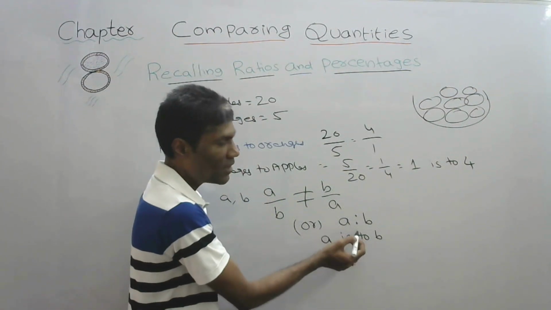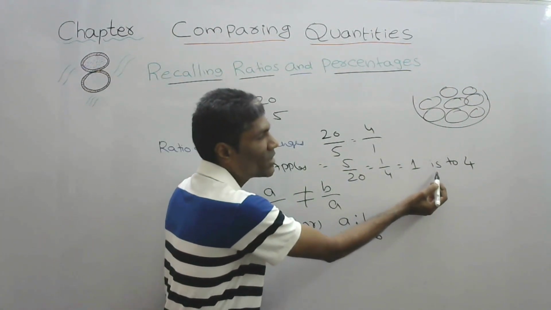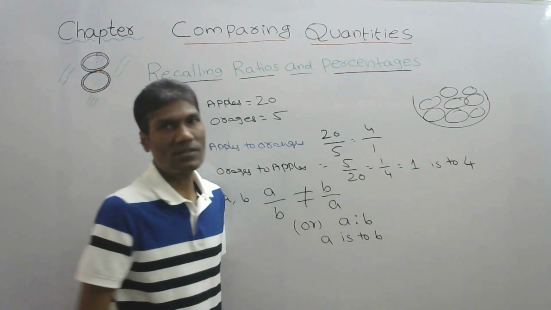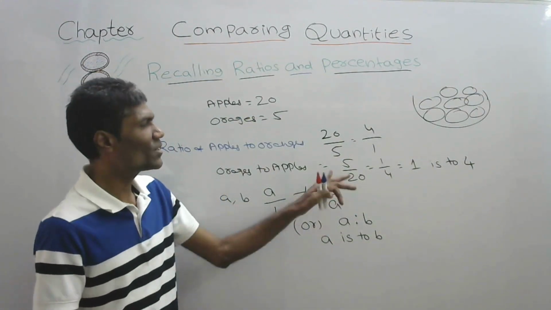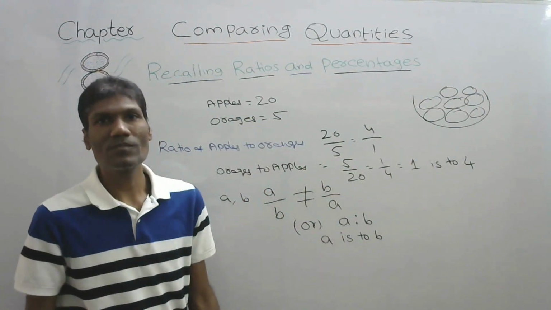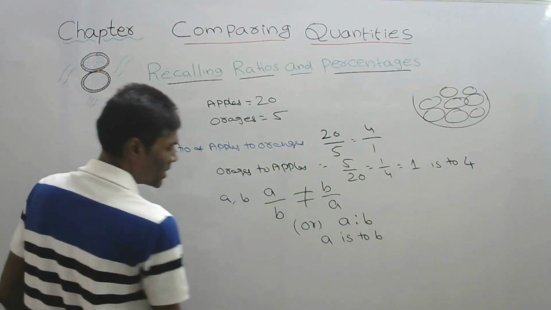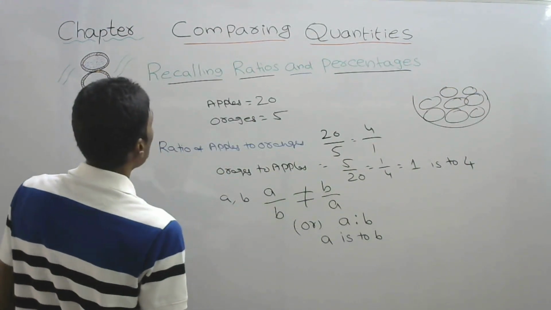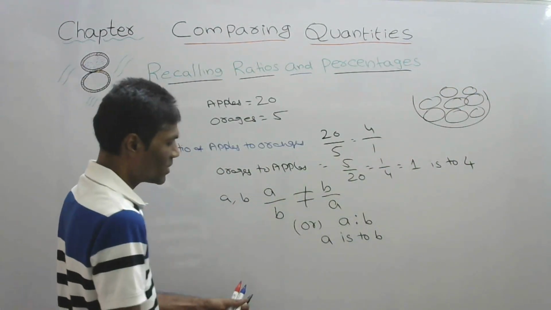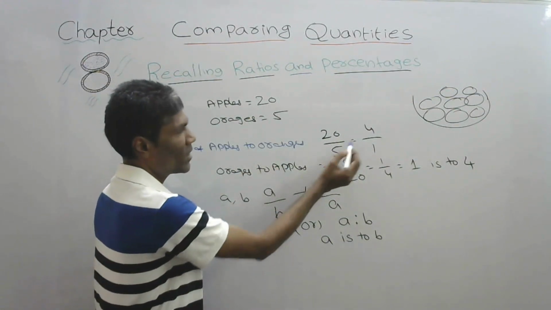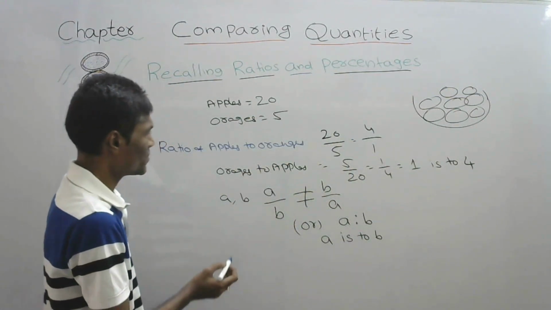This is the notation, 2 dots, and this is the pronunciation, is to. This is about ratio. Now let us see percentages. We will continue this and we will see the percentage.